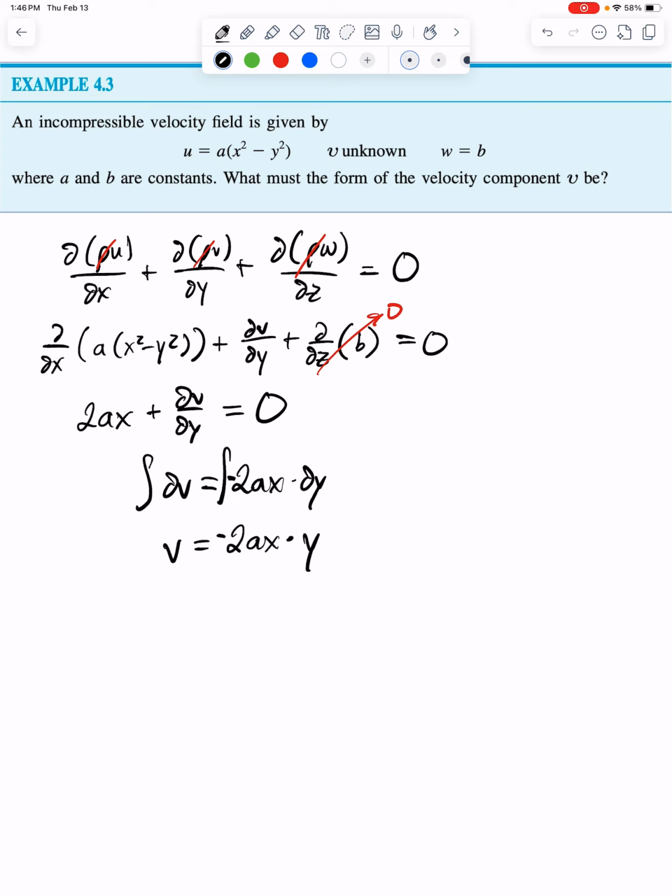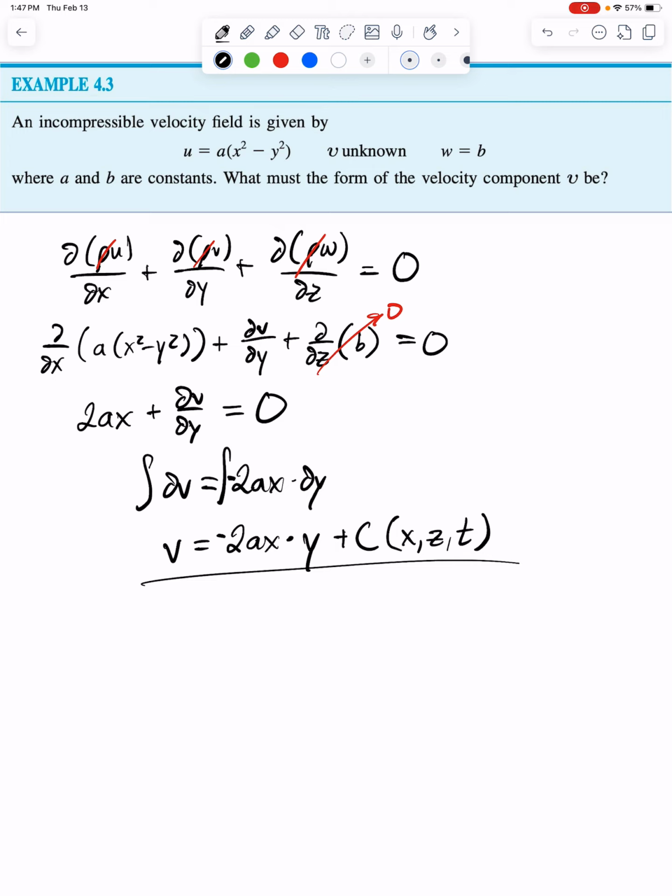And because it's an ODE, we have a family of functions, so we have to make sure to add a constant c, and this constant c can contain x, z, and time. Any spatial or time variables that are not y. Okay, so that's the equation for v. We solved for velocity component v.